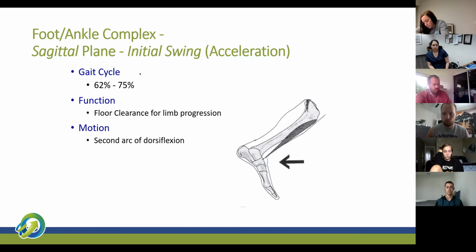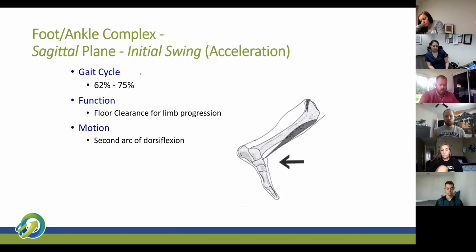We talked about how the first arc of dorsiflexion actually occurs in stance phase, basically from mid stance to terminal stance. So we went from plantar flexion at pre-swing to as soon as the toe lifts off the ground, those anterior dorsiflexor muscles start concentrically lifting the forefoot and the toes up to provide this floor clearance.